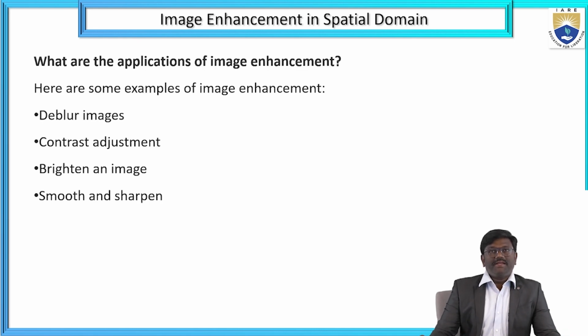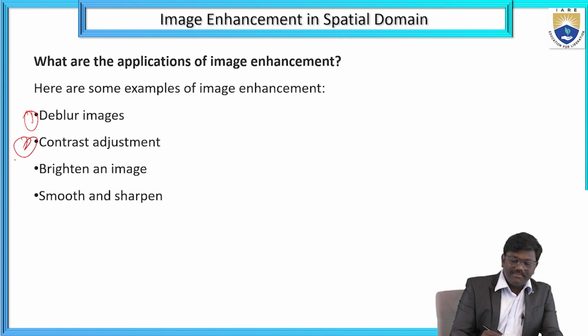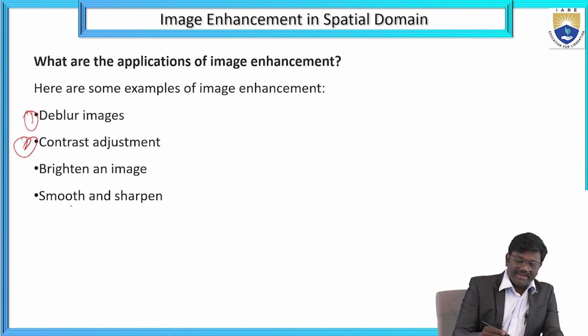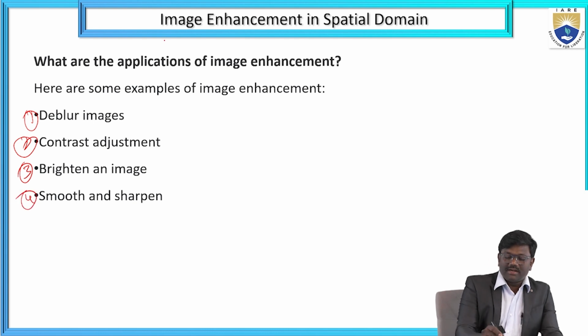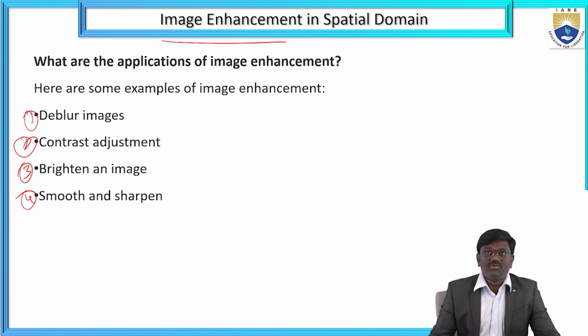What are the applications of image enhancement? Here are some examples of image enhancement. Number one, blurred image; number two, contrast adjustment of an image; brightness of an image; and smoothing and sharpening of an image, which come under image enhancement, especially in the spatial domain.